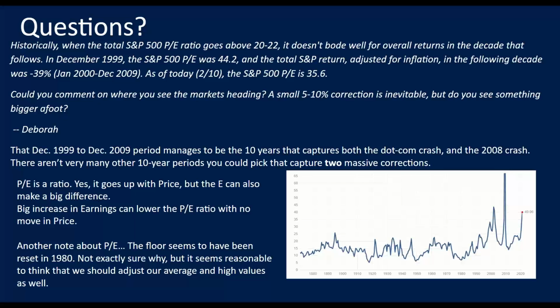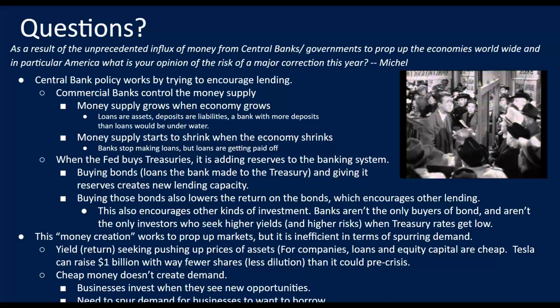If E goes down, it pushes the PE way up. So that's part of why this got so crazy high here: earnings just plummeted before stocks started to fall. If you normalize those things, they can normalize from both directions, and you end up not having a particularly severe correction, and things work out.